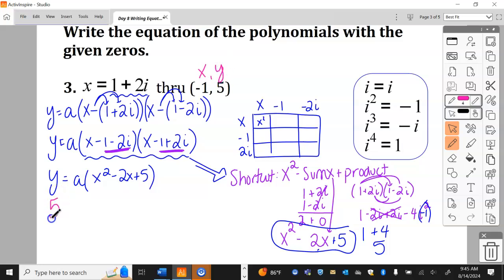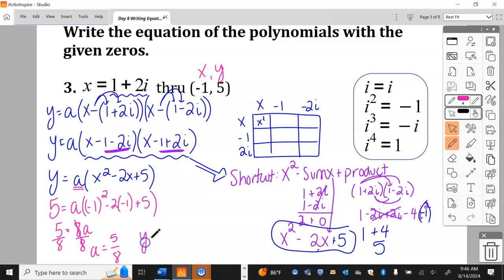So my y value is 5. We are trying to solve for a. My x value is -1. And now it's algebra. All this gives me 8 divided by 8. Okay. Perfect. So we now know that a is equal to 5/8. So my final answer is 5/8 x squared minus 2x plus 5.